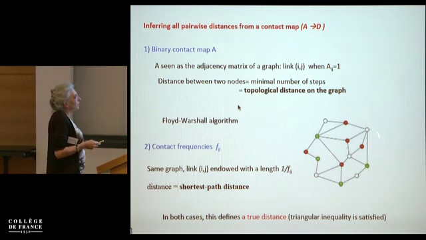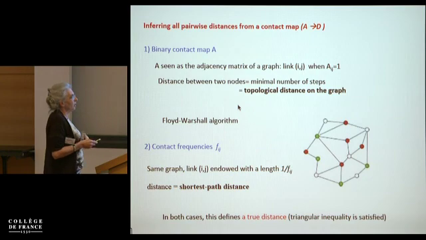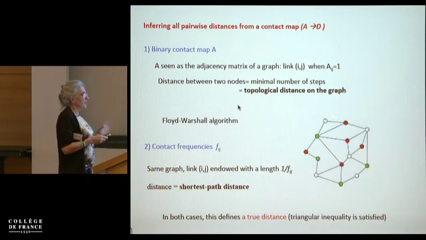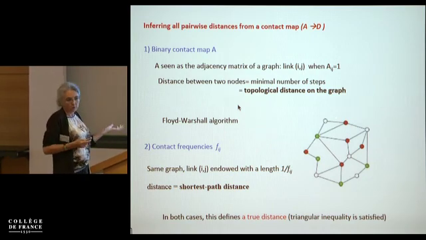We improved this basic idea a little by considering a weighted graph, not weighted in the usual sense, but rather by endowing each link with a length. And the length of each link will be taken equal to 1 over the frequency. The more frequent is the contact, the shorter is the distance.